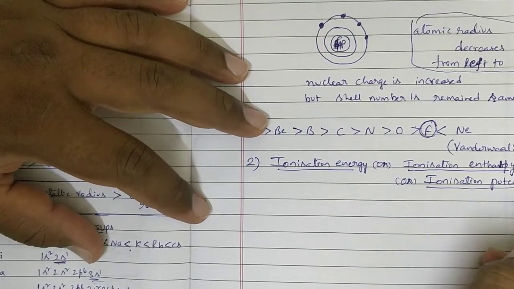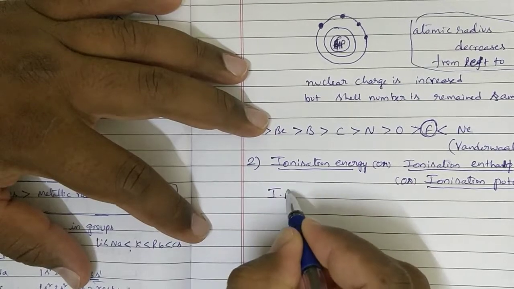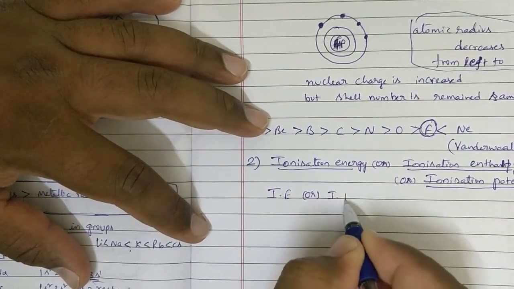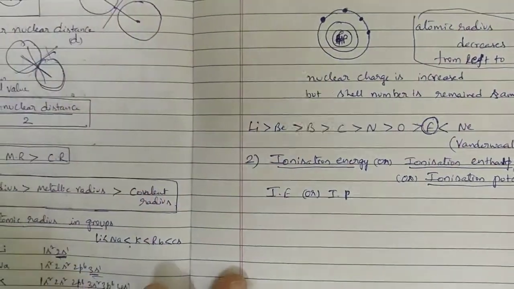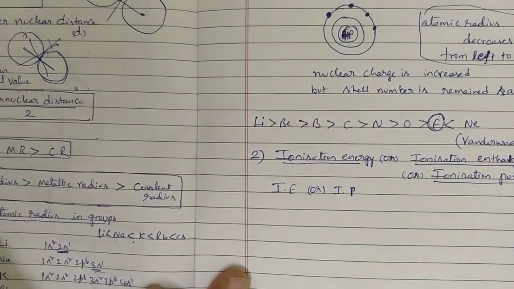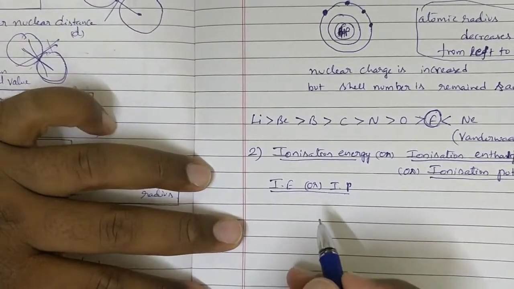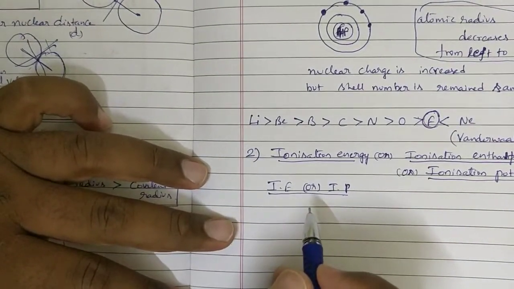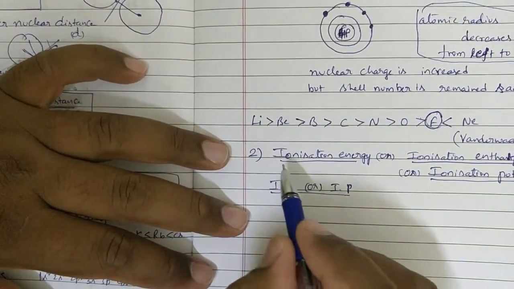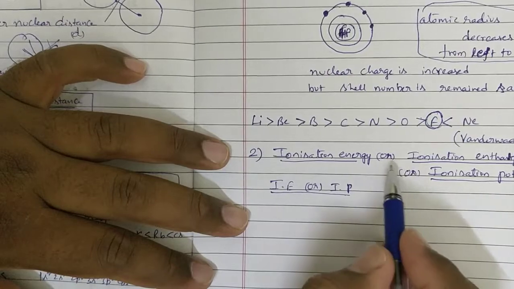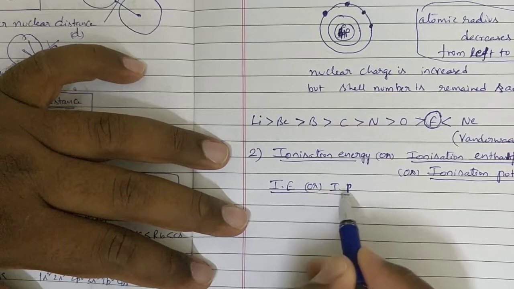The shorthand representation of ionization energy, ionization enthalpy or ionization potential, we will use IE or IP. What is the second heading? Ionization energy or ionization enthalpy or ionization potential. Representation: IE or IP.